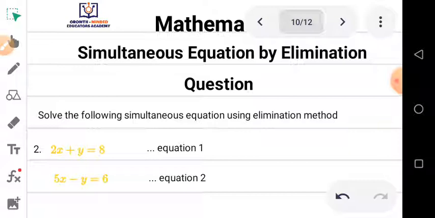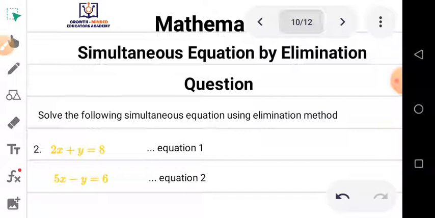But in a question where you have the same coefficient but different signs, you just need to add like this. If you have different coefficients and different signs, you have to multiply to make the coefficients the same, then you add.